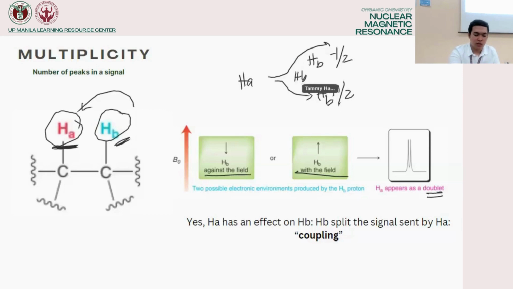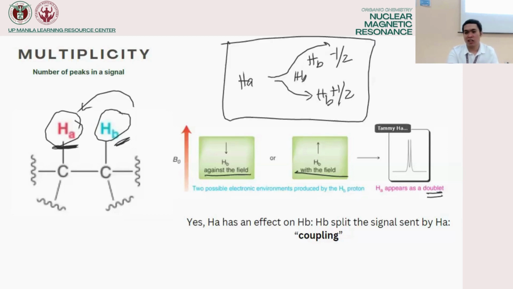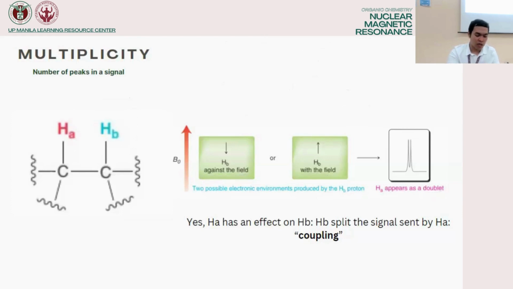This is just a visual representation; it doesn't really happen this way. What you should remember in this case is that when you have a neighboring hydrogen, it's either against or with the field, so it's a doublet. Okay?